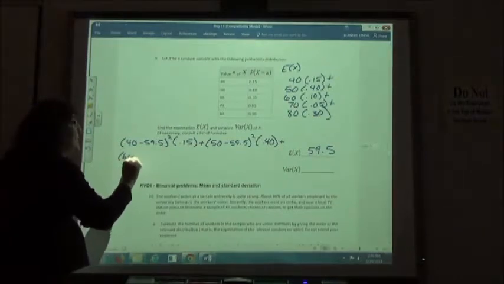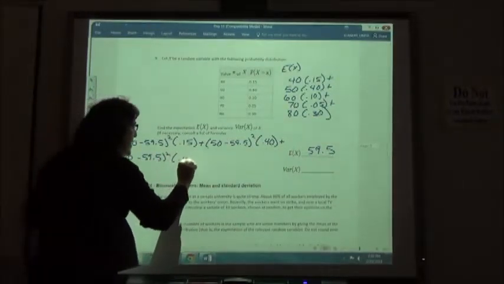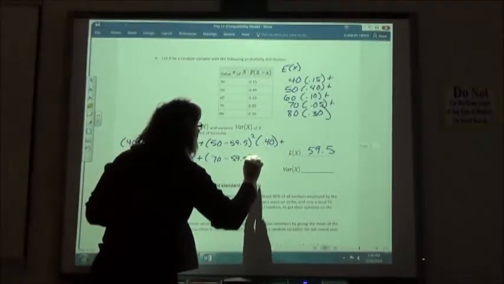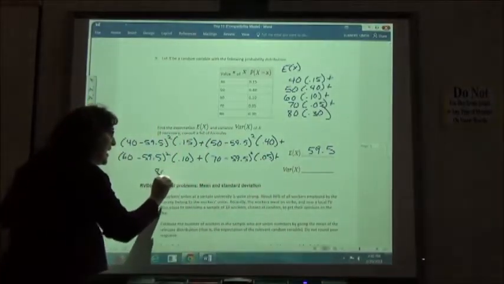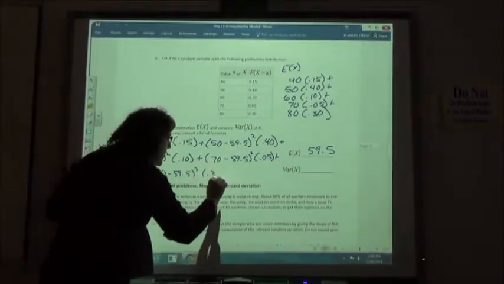And then we have 60 minus 59.5 squared times 0.10. 70 minus 59.5 squared times 0.05. And lastly, 80 minus 59.5 squared times 0.30.